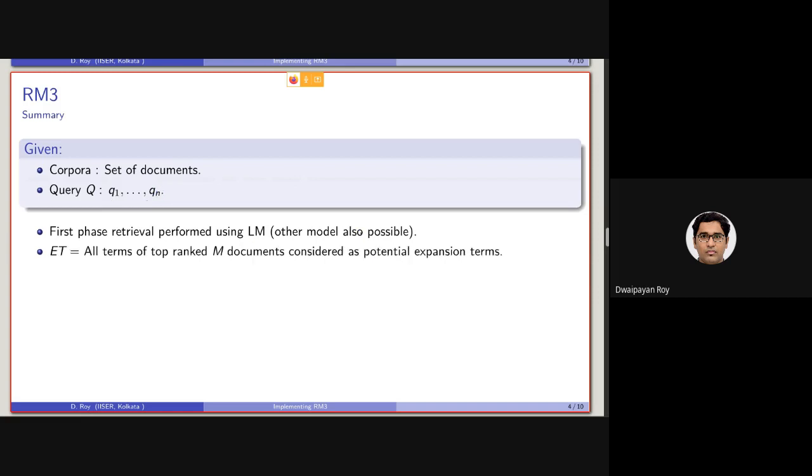Then we consider the top M documents as pseudo-relevant, the PRD, that is, the pseudo-relevant documents. All the terms in this PRD are considered as a set ET, the expansion terms, that is, all terms of the top M documents are considered as potential expansion terms.